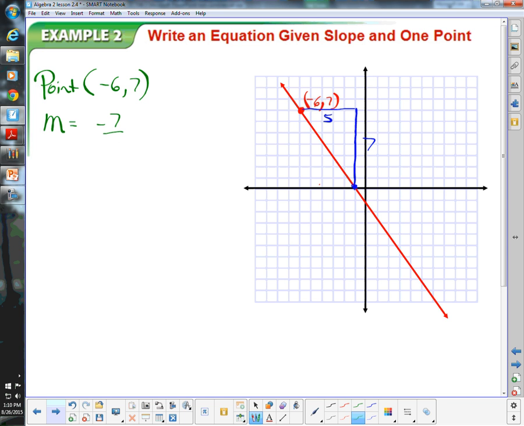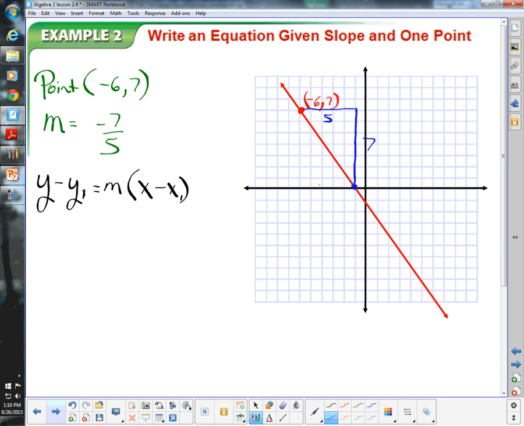All right? Now I'm going to use the point-slope form of my equation. I'm just going to plug stuff in. Refresh your memory on this. The point-slope form is the variable y minus the y number from your set of numbers up here equals the slope times your x, the variable x, minus the x number from your ordered pair up there.